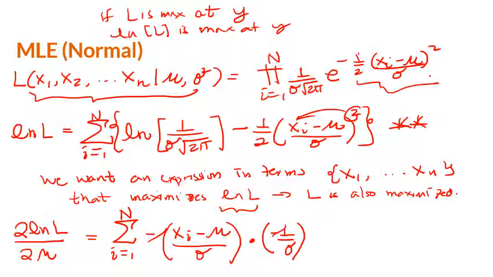So our first derivative with respect to mu is the summation of i from 1 to n of (x sub i minus mu) all over sigma squared.